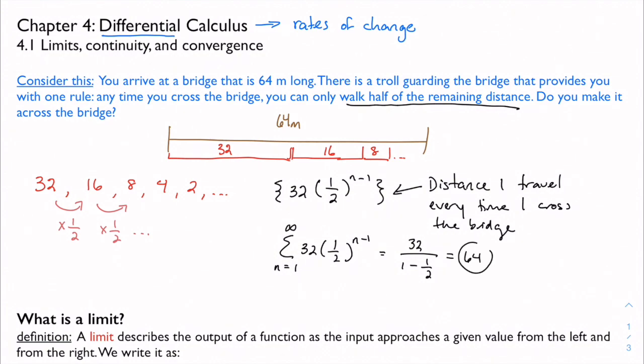So based on mathematics, it would stand to reason that yes, I did cross the bridge. This tells me right here I've completed all 64 meters. But realistically, there's always going to be some little tiny bit that I have left to cross.